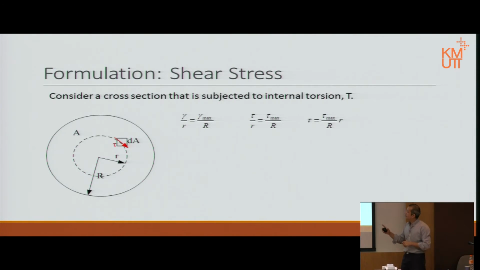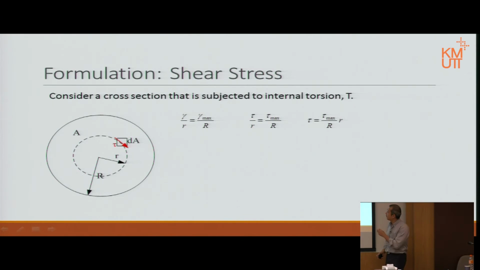We have gamma over r equal to gamma max over capital R. However, gamma is equal to tau, the shear stress, over G, the shear modulus. But G is the same, right, because it's the same material, so we can translate that gamma relationship into a tau relationship, the shear stress relationship. We move the terms a bit and end up with this kind of form.